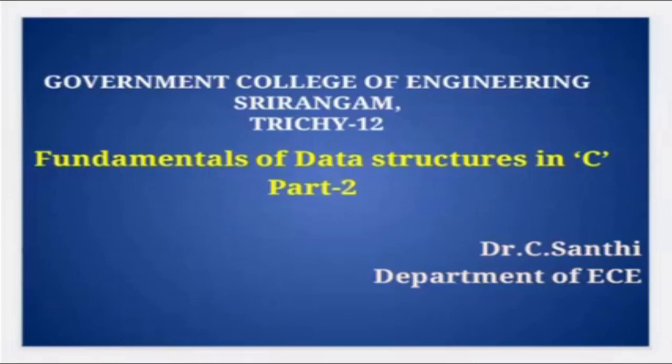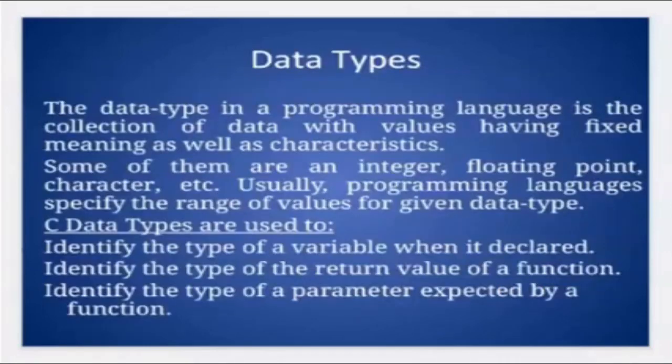This is part 2. In this video, we are going to see the different data types we generally use in C programming language. The data type in a programming language has fixed meaning as well as characteristics. The data types are used to identify the type of variable when it is declared.